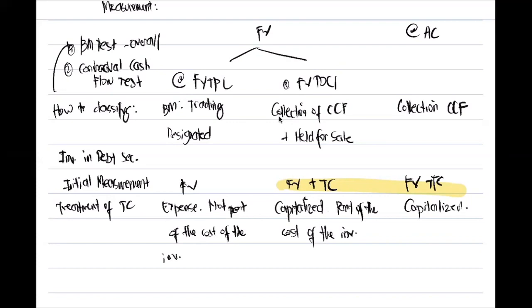So as you can see in the initial measurement, FVTPL is fair value only, so transaction cost is ignored. While FVTOCI and amortized cost, we have here fair value plus transaction cost. So transaction cost is added to the fair value, meaning the transaction cost is capitalized or part of the cost of the investment. Okay? Treatment of transaction cost.